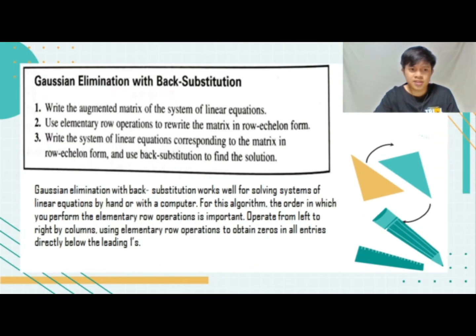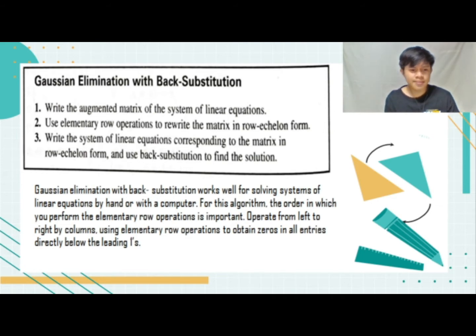The first step is to write the augmented matrix of the system of linear equations. Number 2, use elementary row operations to rewrite the matrix in row echelon form. The last one is to write the system of linear equations corresponding to the matrix in row echelon form and use back substitution to find the solution.